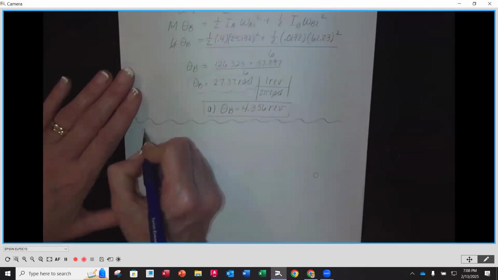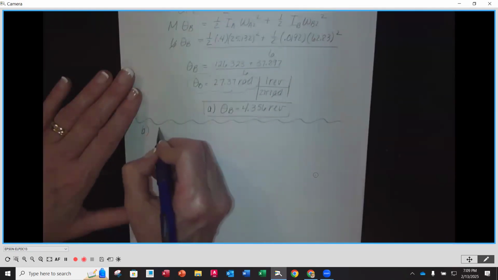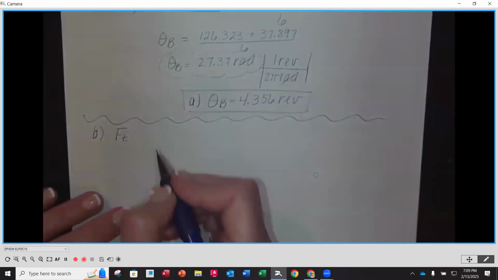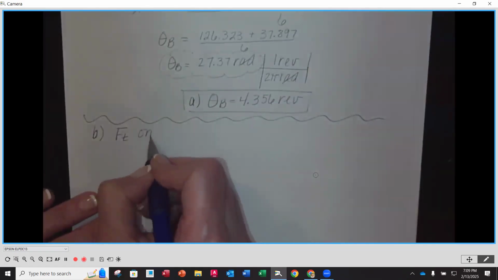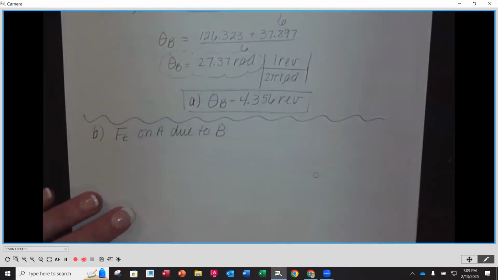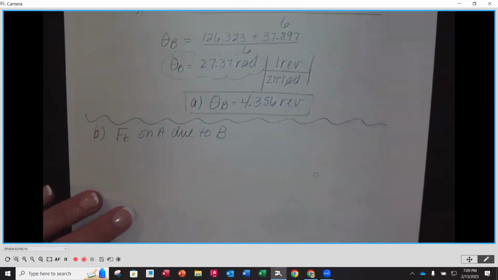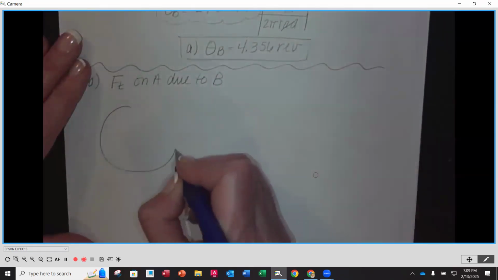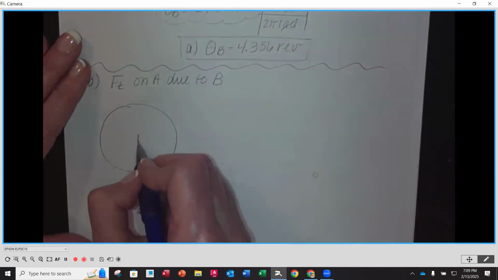Part B, we want to find out what is that tangential force on A due to B. So we're going to look just at gear A this time, because this is the one that we're analyzing.